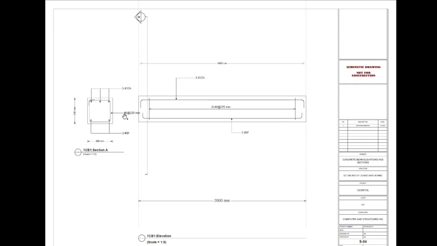Stirrups of 8 mm dia bar at 225 mm center to center. The width and the height of the beam is here in this section, and this is the longitudinal section of the beam. You can get the details as required.